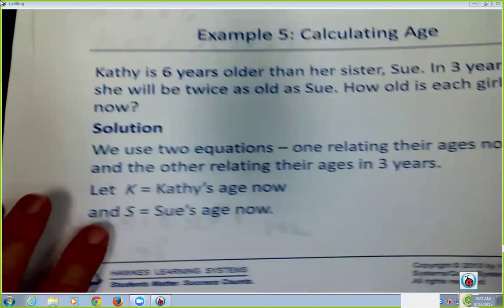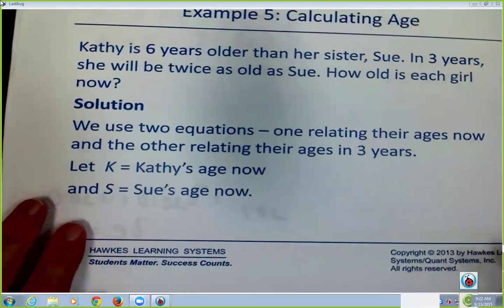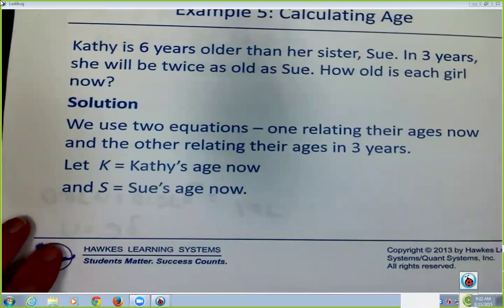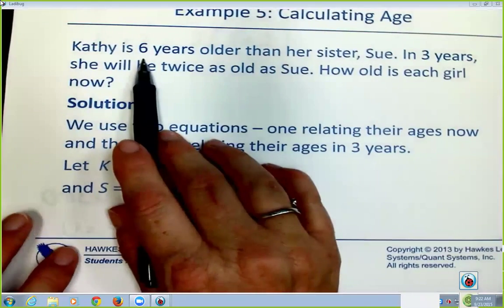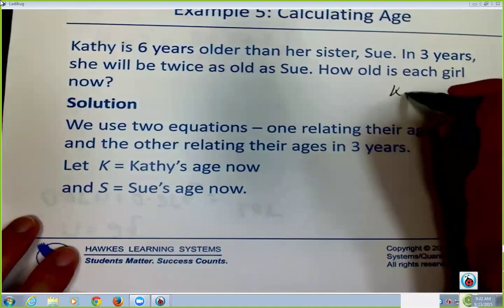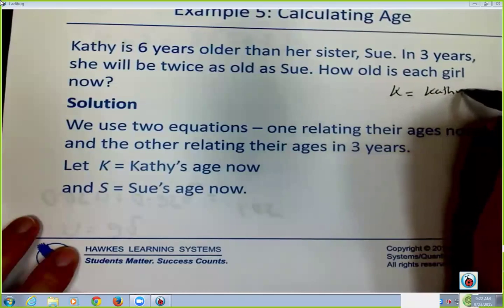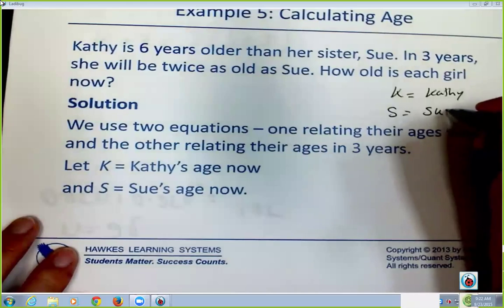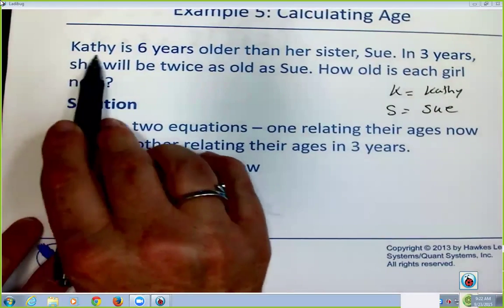And then calculating age. Kathy is 6 years older than her sister Sue. So what does that mean? So we've got K for Kathy, and Sue we're going to have as S. So what does that first line mean?